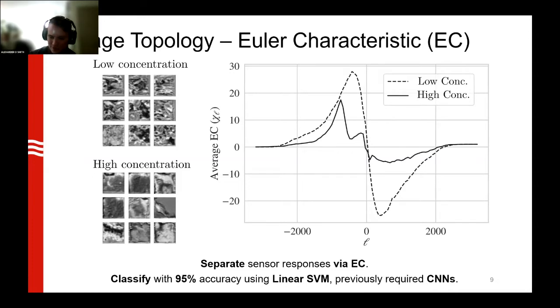What's really interesting is that to get this same level of accuracy previously, we required more complex convolutional neural networks. So here we've been able to optimally represent this image via the Euler characteristic curve and its topology, and then simplify the model needed to obtain this classification accuracy and throw away the more complex CNN.